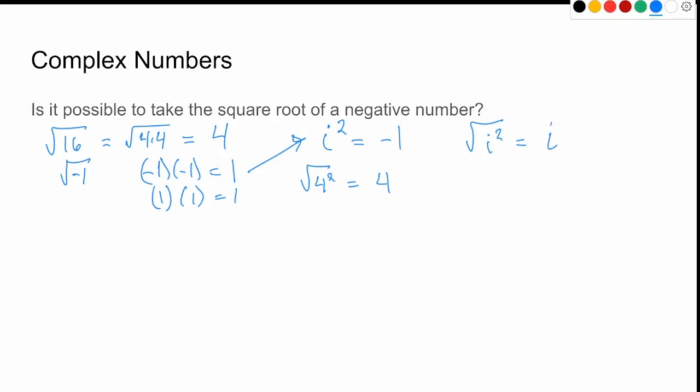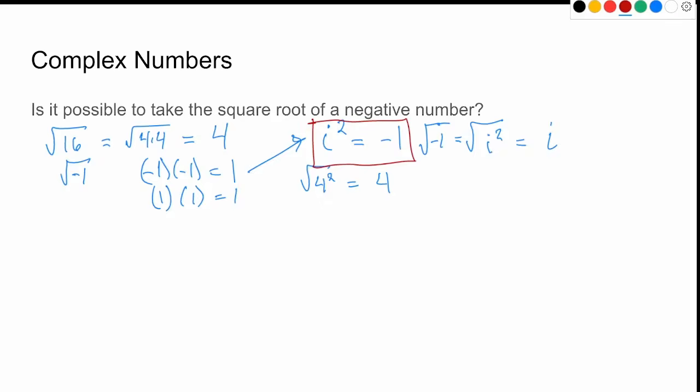And see, we don't have to worry about negatives in here now. And what we've done is that we've defined that if we have the square root of negative 1, because of this definition right here, i squared equals negative 1, we can make the substitution and it follows through. Yeah, we can take the square root of a negative number.